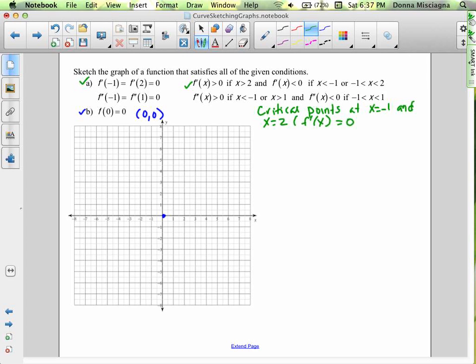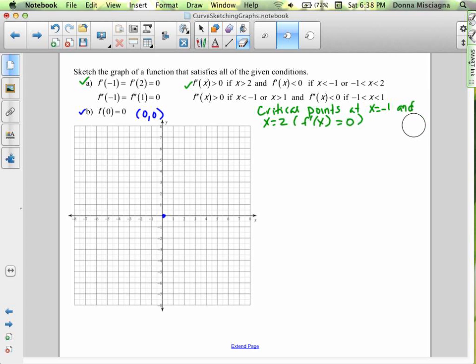At those values. All right, now those could be, they don't have to be, but they could be possible relative extrema. Actually, I've already said could be. I think could be and possible are kind of redundant.